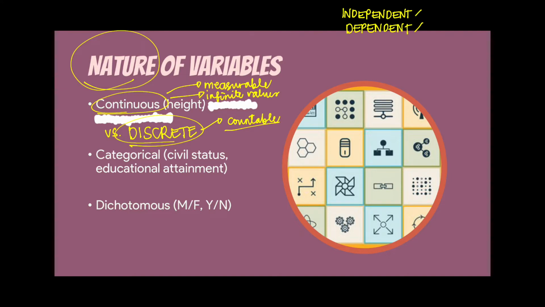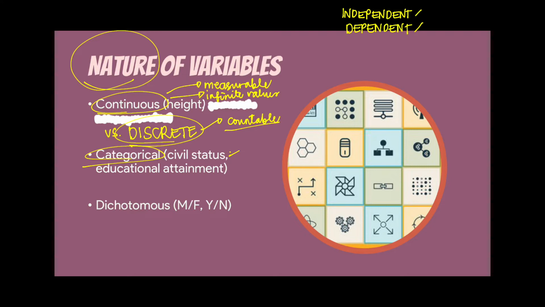Next, we also have categorical variables. Categorical variables contain a finite number of categories or distinct groups, and it may have a logical or non-logical order. Examples of categorical variables would be civil status, because the categories available for that type of variable are finite. We have single, married, separated, or widowed. That one does not have a logical order.